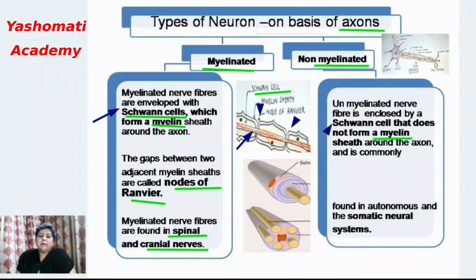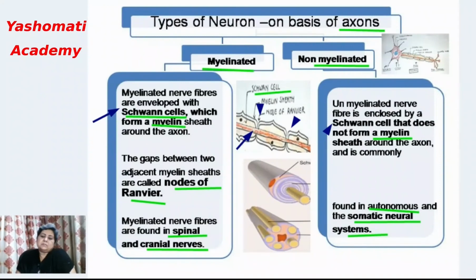Whereas non-myelinated fibers are found in the autonomous and somatic neural system. Somatic neural system is those nerves which are attached to the muscles, and autonomous means those nerves which are attached to the muscles which are not under the control of the organism, or which are autonomic in nature.